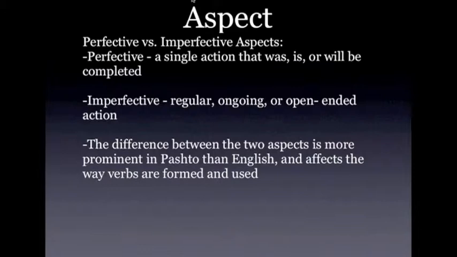A one-time action. Imperfective aspect refers to a regular, ongoing, or open-ended action. The difference between the two aspects is more prominent in Pashto than English and affects the way verbs are formed and used in sentences.